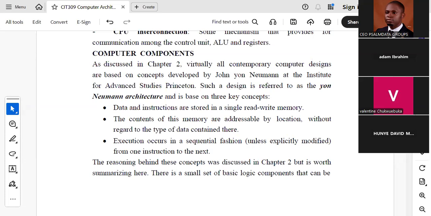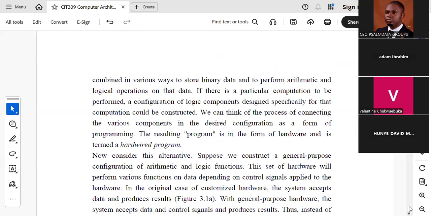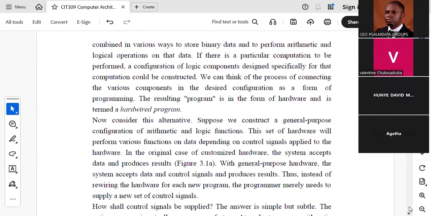There is a small set of basic logic components that can be combined in various ways to store binary data and to perform arithmetic and logical operations on that data.